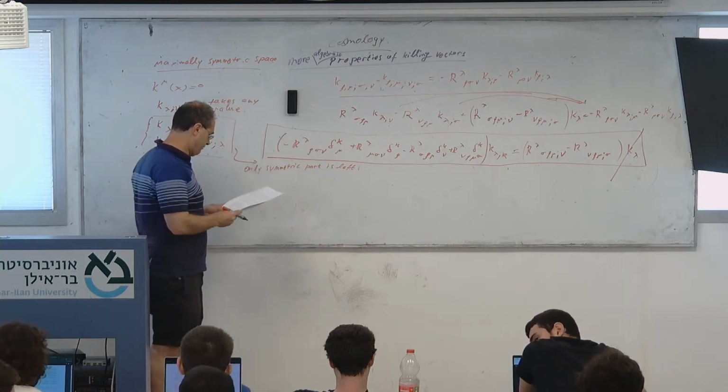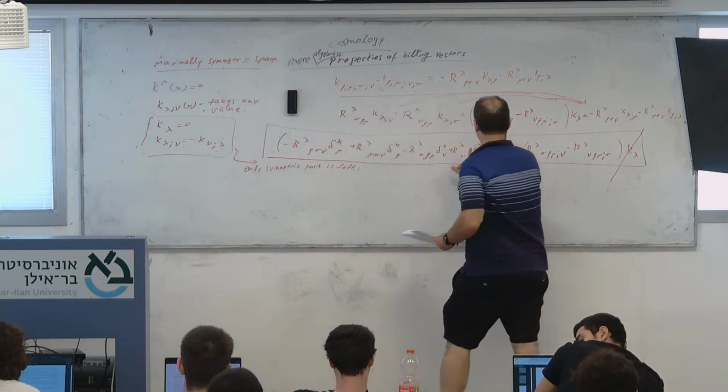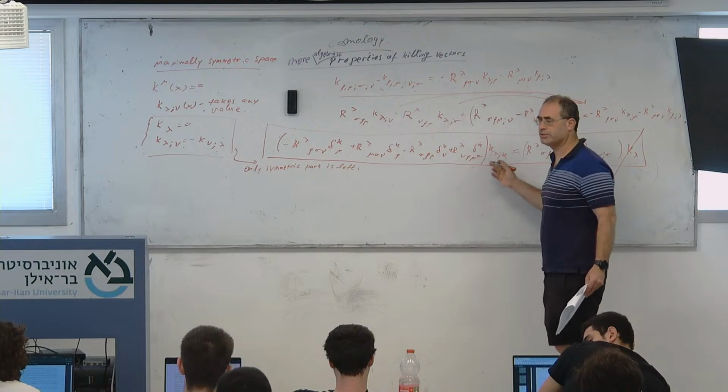And then, if this is symmetric, that means it needs to be equal to the same with lambda and kappa exchanged.